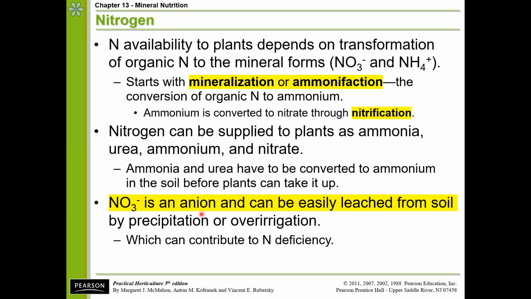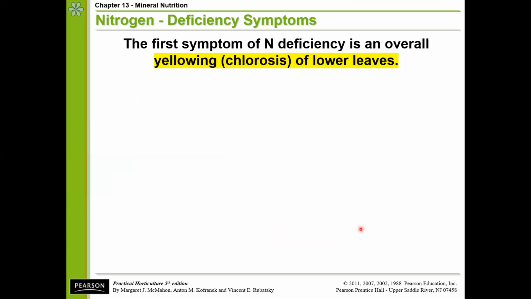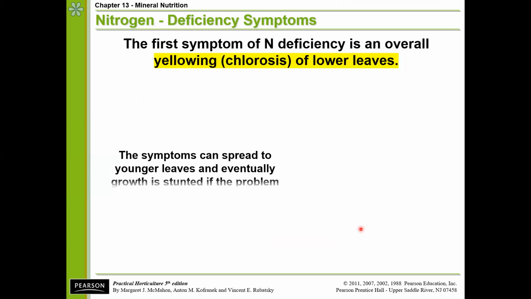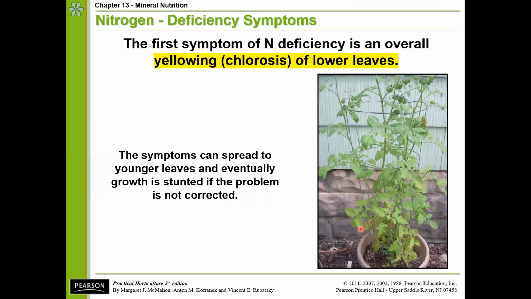So through precipitation or irrigation, it's easily leached, which contributes to nitrogen deficiency. And here's just a look at what nitrogen deficiency looks like, in this case in a tomato. If you ever see yellowing of plant tissues happening on the lower leaves, then usually that's a nitrogen deficiency. And it's fairly easy to supply that because nitrogen is so mobile, it quickly moves into the plant.